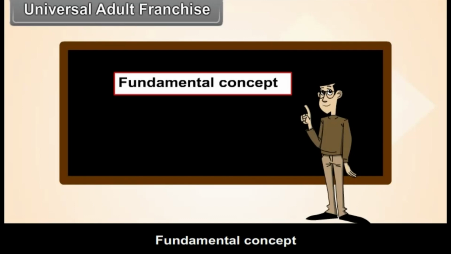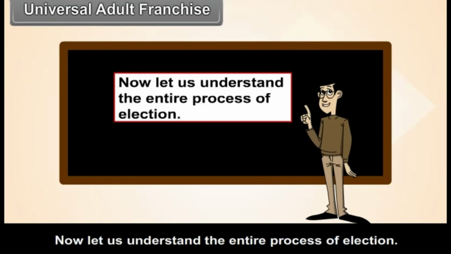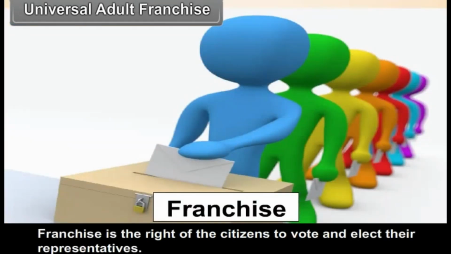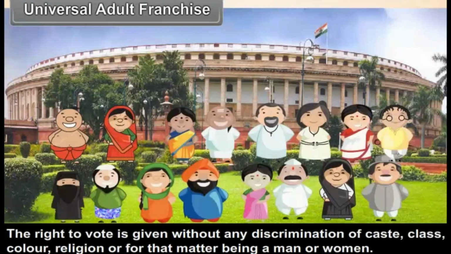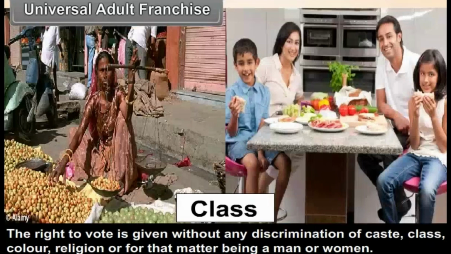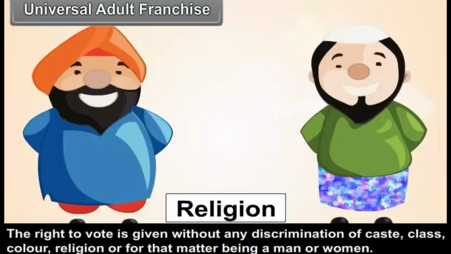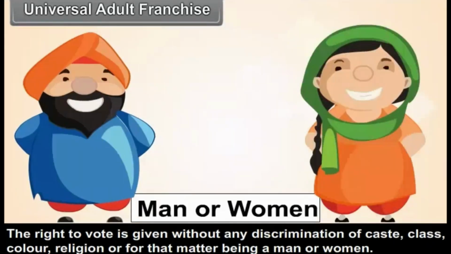Fundamental concept. Now, let us understand the entire process of election. A. Universal adult franchise. Franchise is the right of the citizens to vote and elect their representatives. This right is equal to all. The right to vote is given without any discrimination of caste, class, color, religion, or, for that matter, being a man or woman.